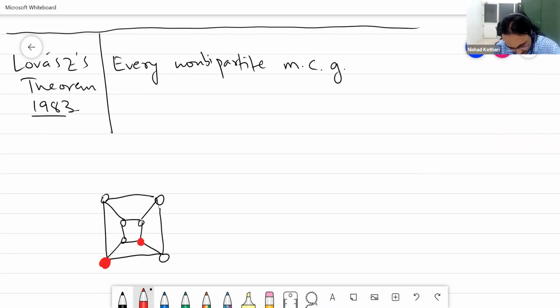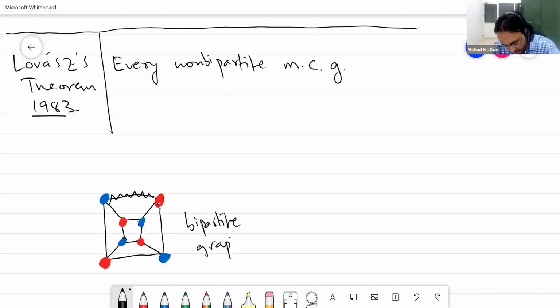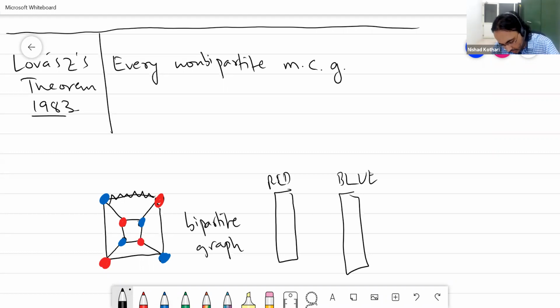So this graph is bipartite because what I can do is color the vertices with red and blue so that every edge joins a red vertex to a blue vertex. So this graph is a bipartite graph. You can put all the red vertices here and you can put all the blue vertices here and all the edges will go like this. Is that clear?